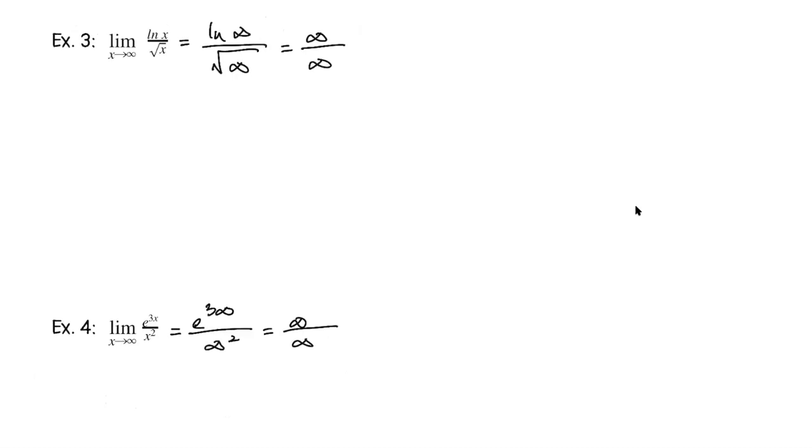All right. So if we take a look back at the screen, all I've done so far is plug in the infinities that they asked me to plug in. And in both cases, I ended up with an infinity over infinity, okay? So for both cases, I know that I can use L'Hopital.